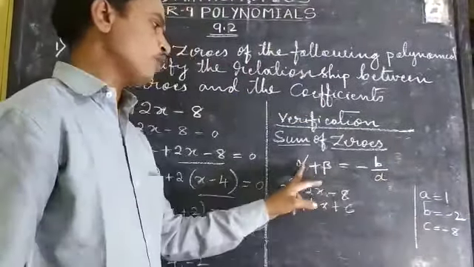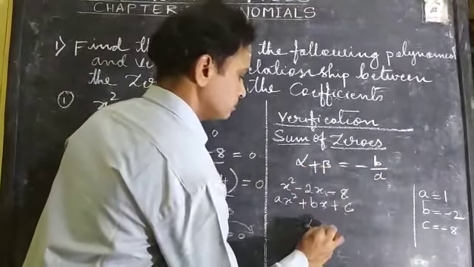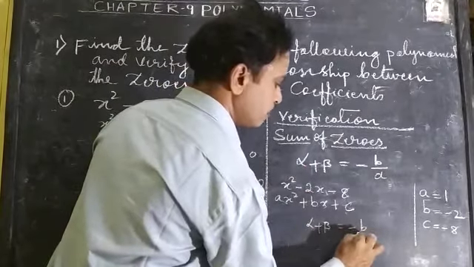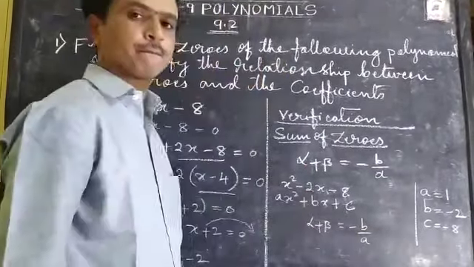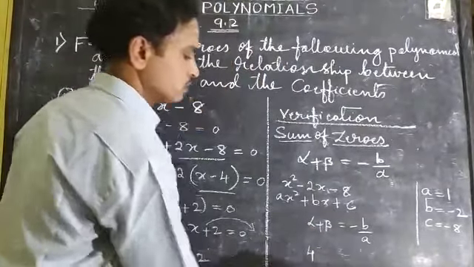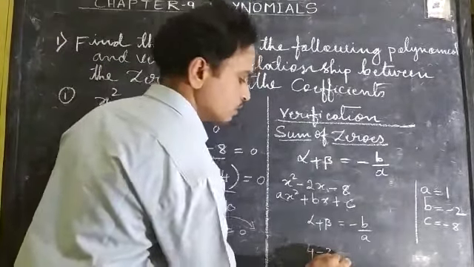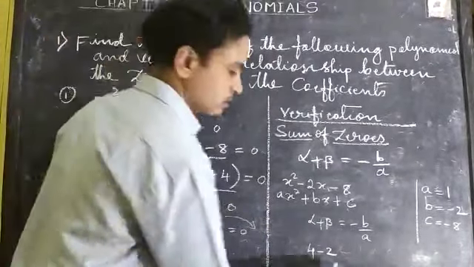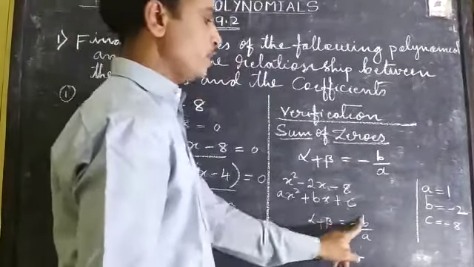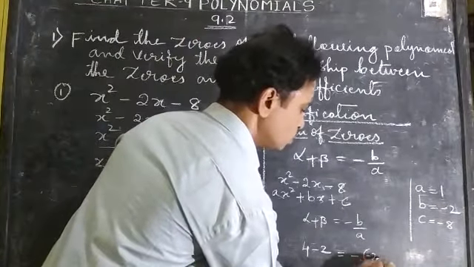Now come to this point here. Alpha plus beta is equal to, same formula you should copy, minus b by a. Alpha, what value did we get here? 4. Beta, minus 2. Directly we can take minus 2. Plus into minus becomes minus. So this is equal to minus, keep as it is, the b value, minus 2. Write minus 2 in brackets.